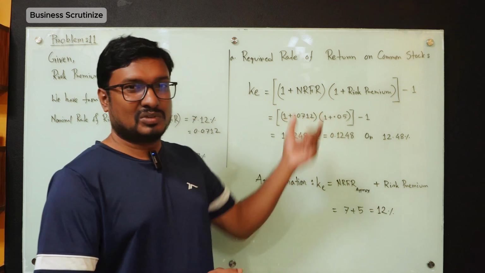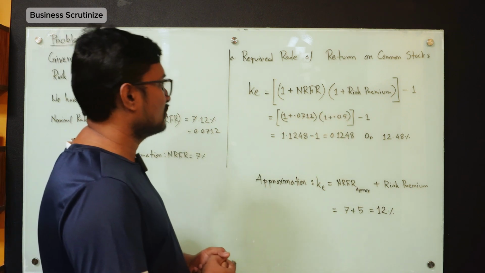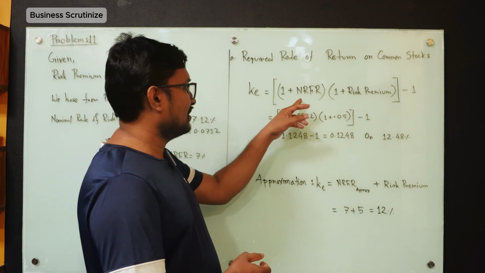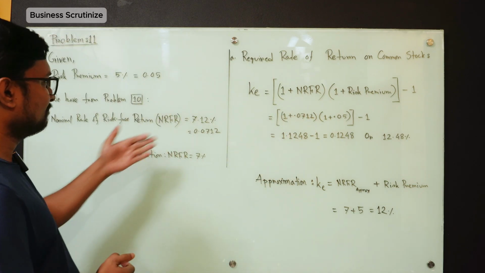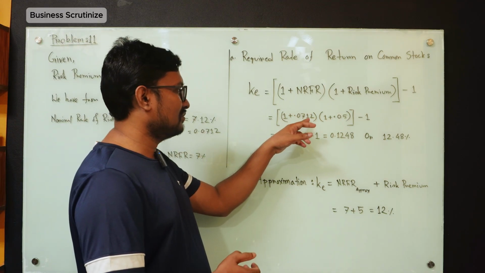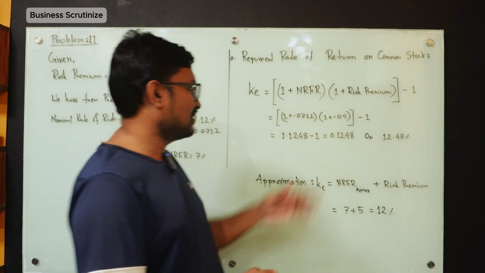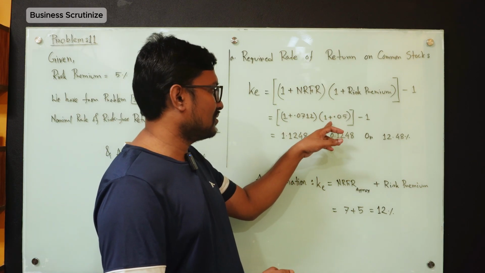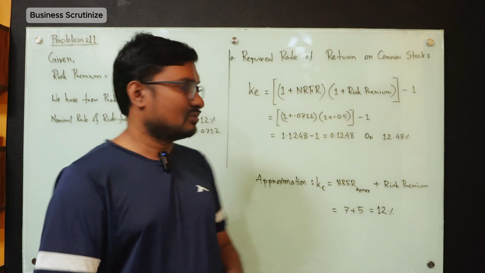This equation can be used to find the required rate of return on common stock. So NRFR, the nominal rate of risk-free return, is 0.0712, and the risk premium is 5% or 0.05. So 1 plus 0.05, and from there we subtract 1.